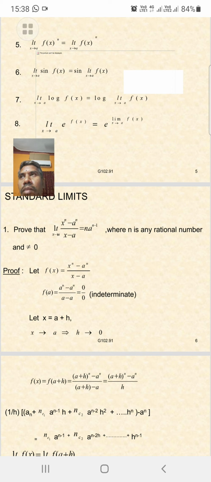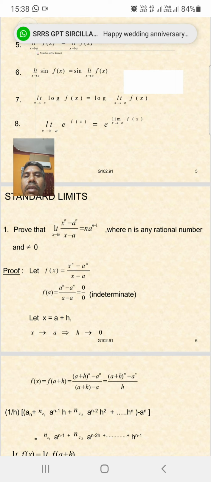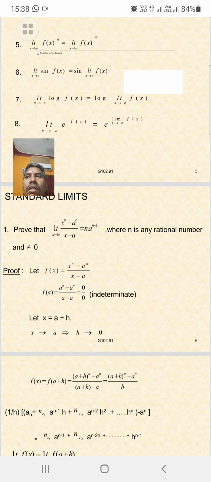By using formulas, we can save time and a lot of labor or paperwork. Many steps we need not write if we use the formulas.